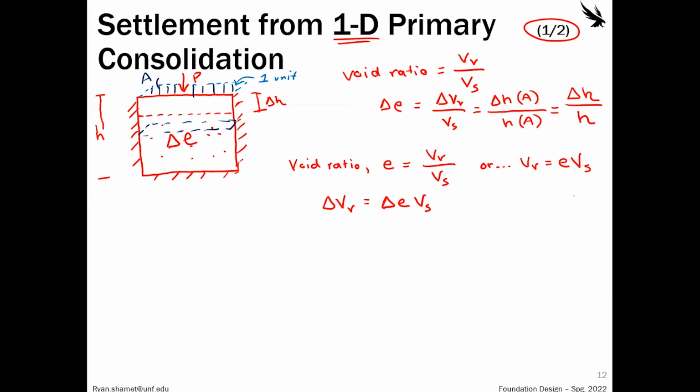Same as before, we have a subscript 0 for the first stage and then subscript 1 for the second one. So the volume of voids 1 is equal to the void ratio 1 times the volume of solid.